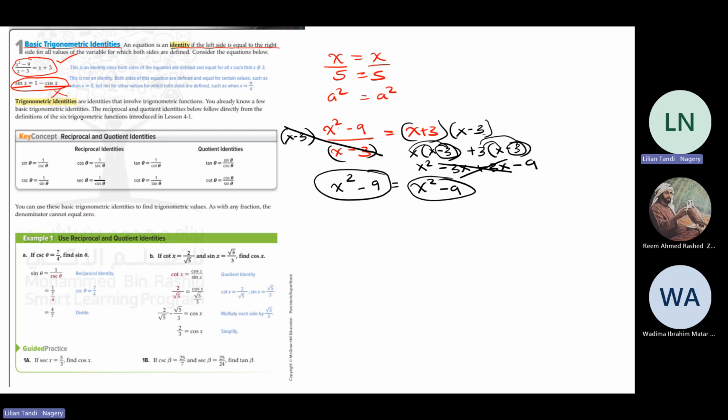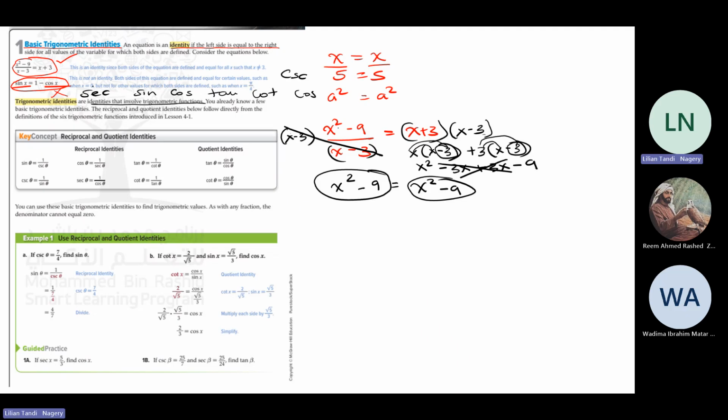Now, in trigonometry identities, what are they? They are identities that involve trigonometry functions. When I see trigonometry, I am thinking of sine, cos, tan, cotangent. What is the other one? Cosecant, secant, and cosecant. Yes?